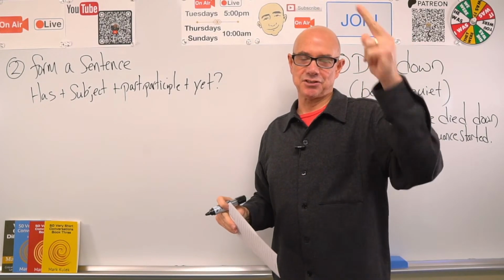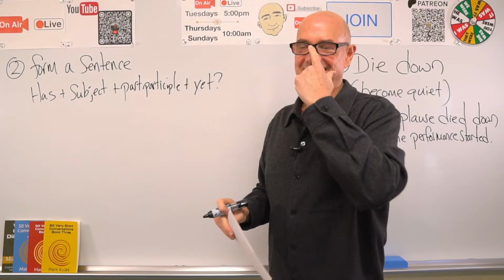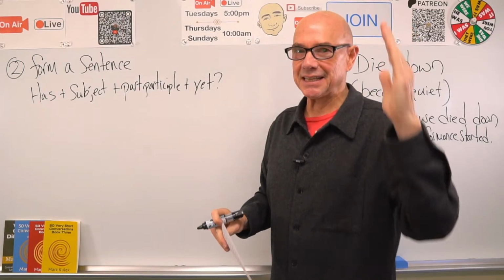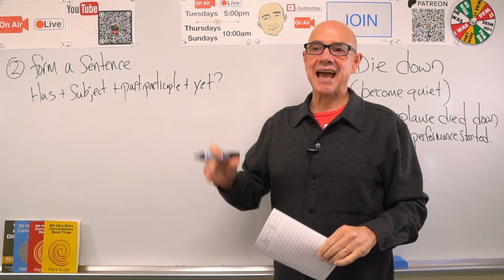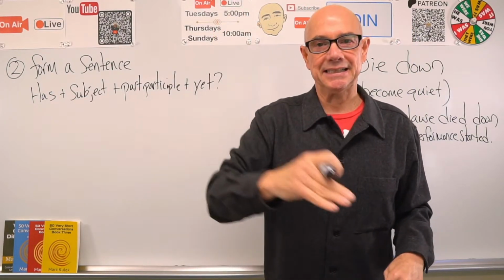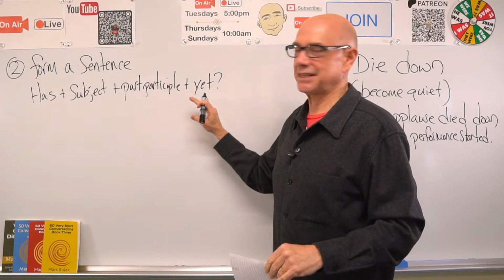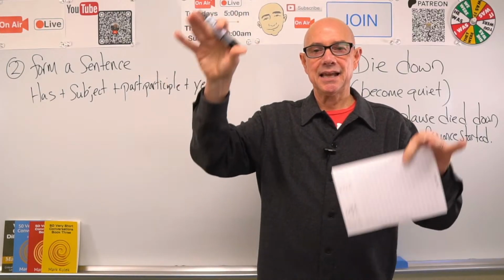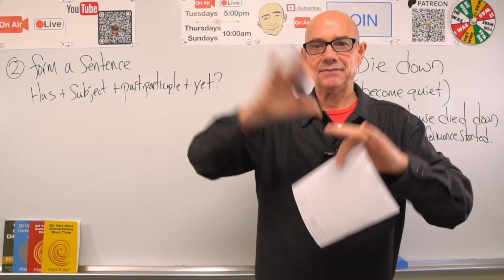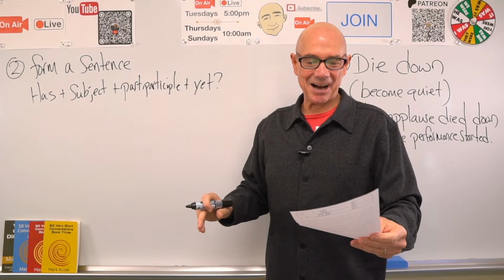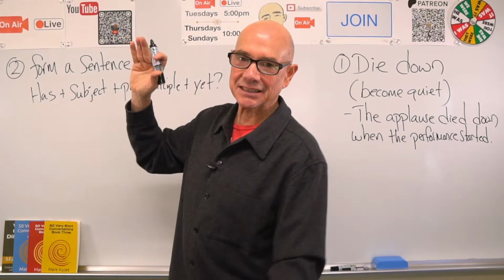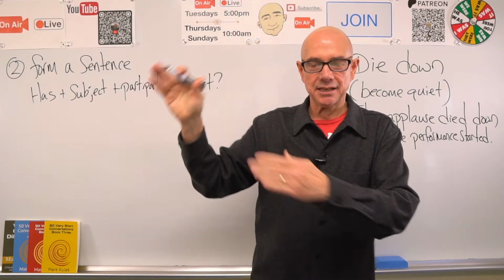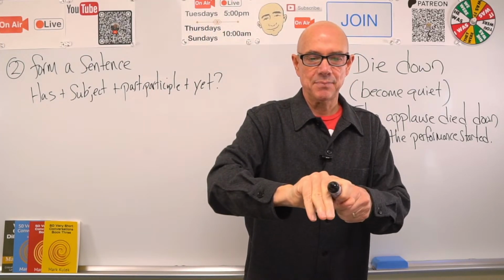Have you finished your vegetables yet? Has the teacher arrived yet? Okay, so has the action been completed? We're using yet. That means you're asking if the thing has been done. Is it finished?